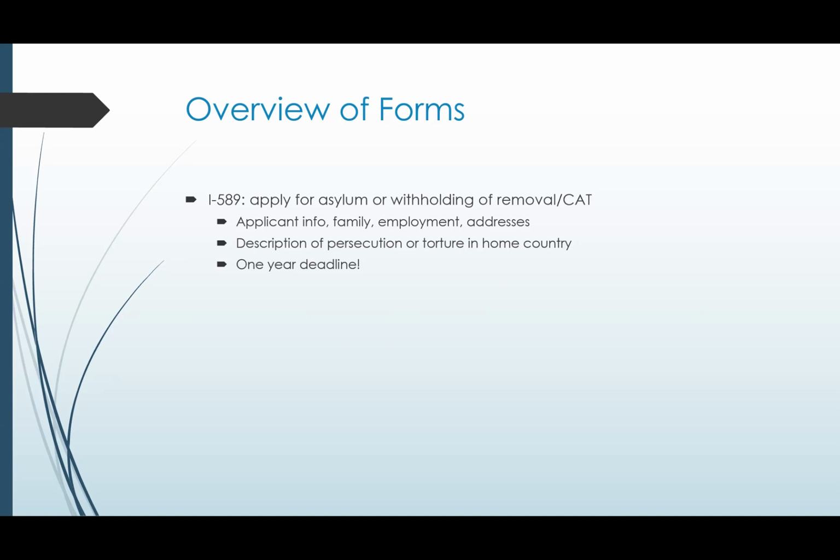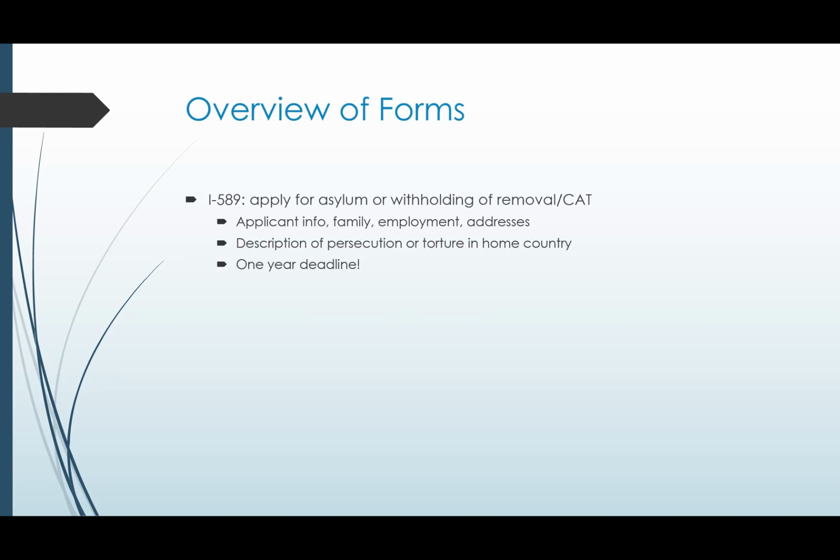They have some general questions in the first few pages of this I-589 form about the applicant and their family, employment, and address history. But the majority of the form is actually these narrative blocks that are empty that you use to answer in a paragraph form why somebody can't go back to their home country and why they qualify for asylum.